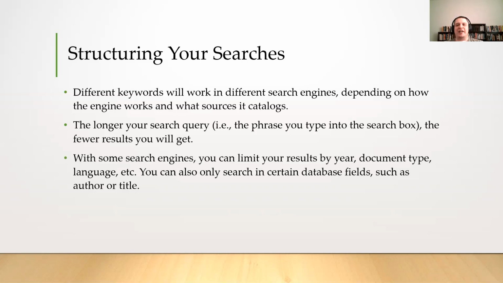One of the useful aspects of search engines is the chance to limit those behaviors. So you could say, you know what, I only want to look in title. I don't care if something else uses this keyword in some random place. So if I want to find sources on chess, and I only want stuff with chess in the title, like how to play chess, or chess for dummies, or how have you not figured out chess yet, you moron?